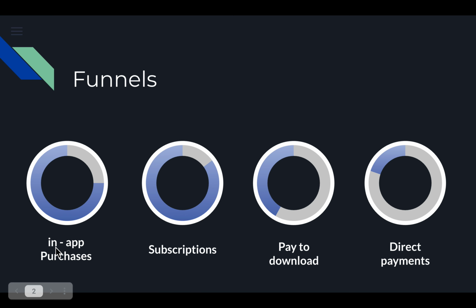In-app purchases are the things you buy inside an app after you've downloaded the app, when you can, for example, repeatedly buy, let's say, a booster for your car or something, and you can buy that as many times as you want. Those are in-app purchases. Subscriptions are recurring, fresh content.